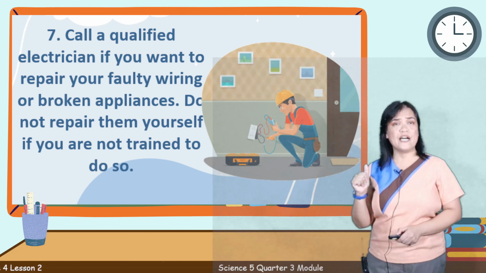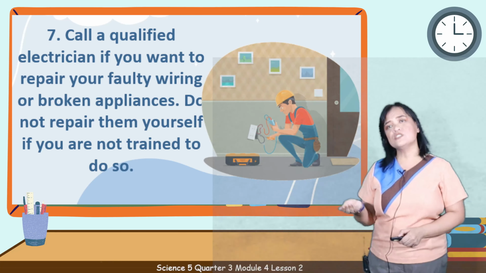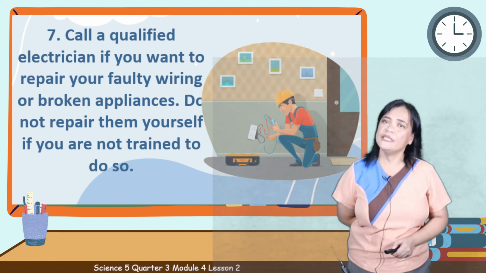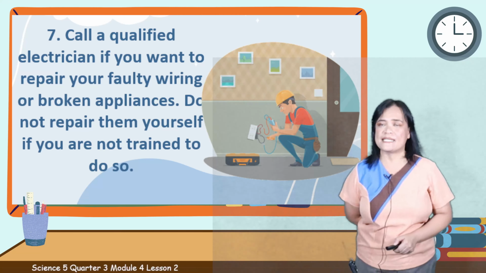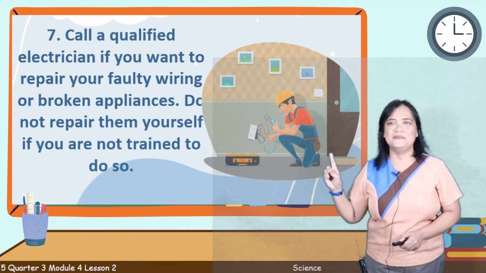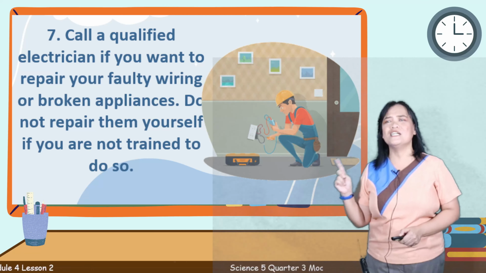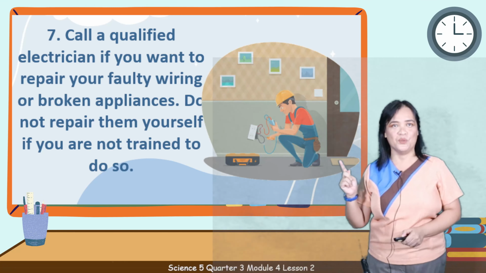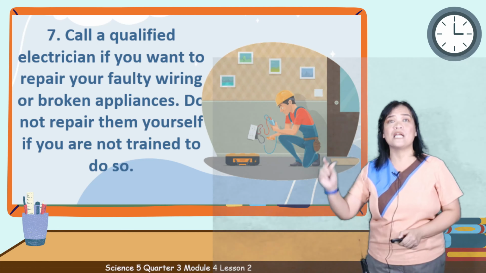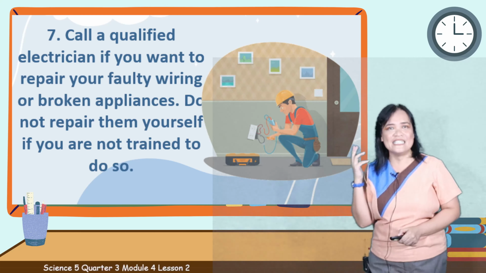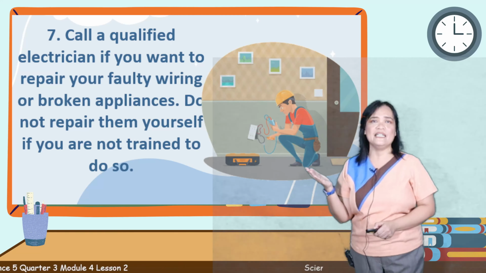Call a qualified electrician if you want to repair your faulty wiring or broken appliances. Do not repair them yourself if you are not trained to do so. So, you have to call a qualified, a real electrician, okay?